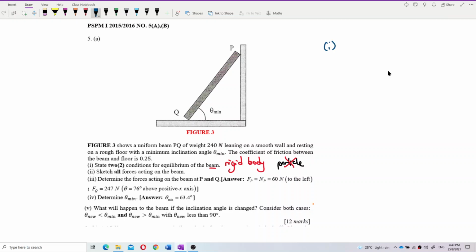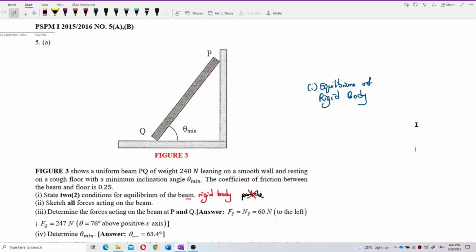So question 1. Now we are talking about equilibrium of a rigid body. For a rigid body, the two conditions are: the first condition is the total force must be 0.